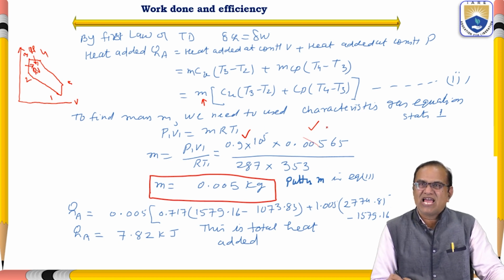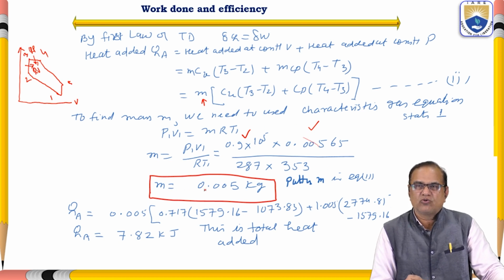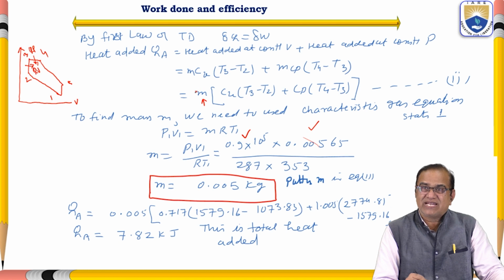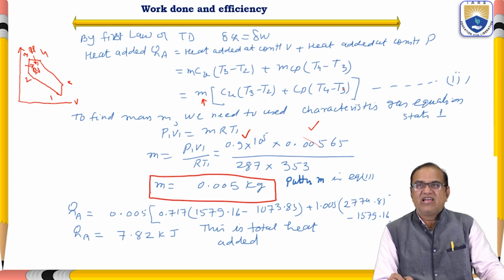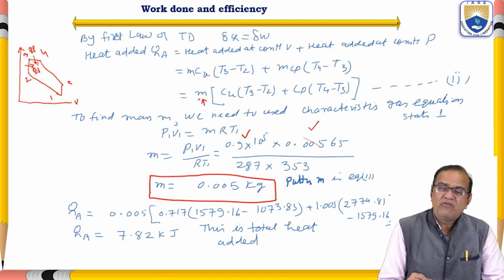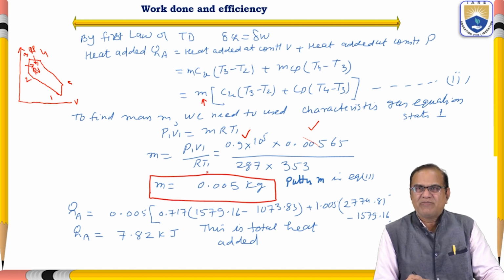If you make this calculation, you will get mass equal to 0.005 kg. Now we put this mass in the equation. We know CV, T3, T2, CP, T4, and T3. Only M we were not aware of, so we calculated it with the help of this.